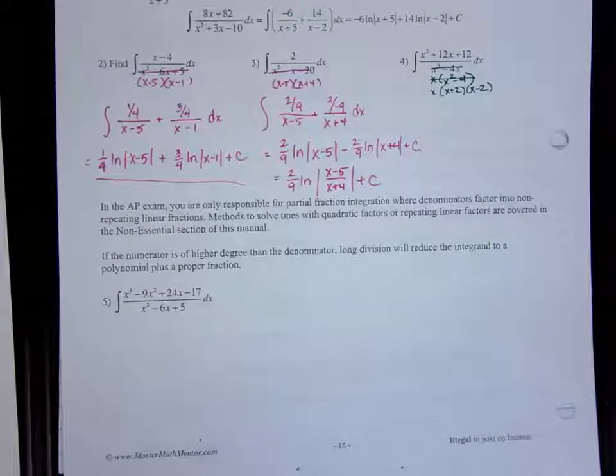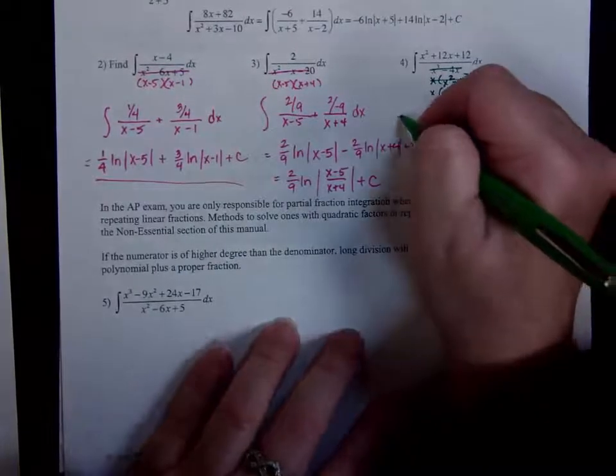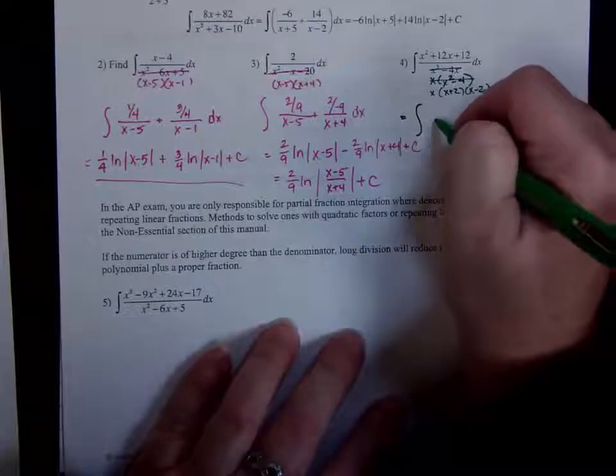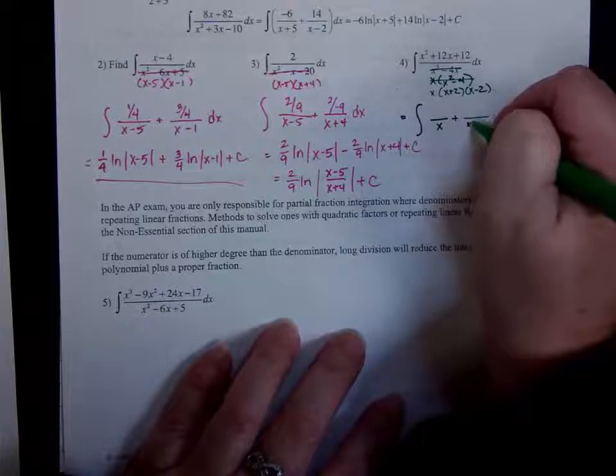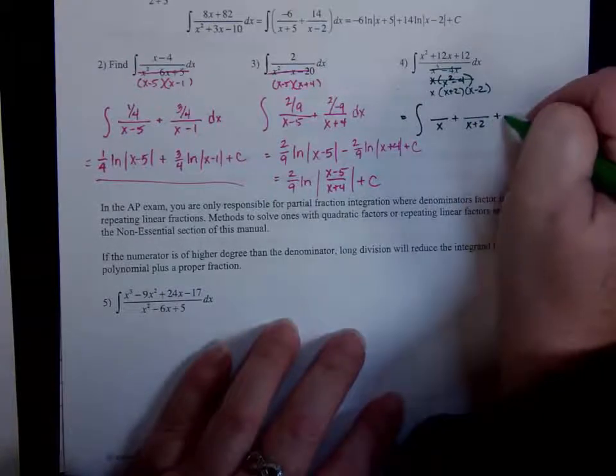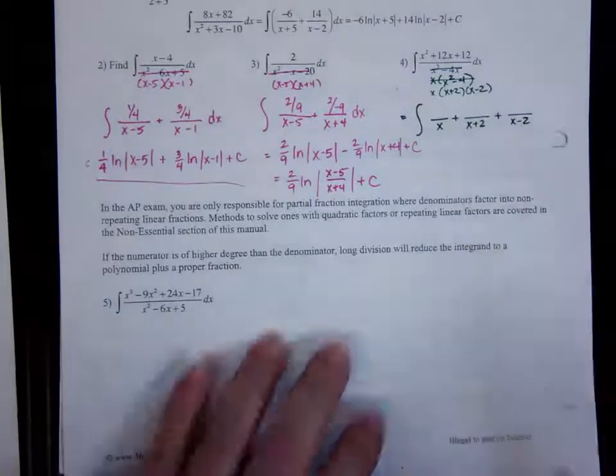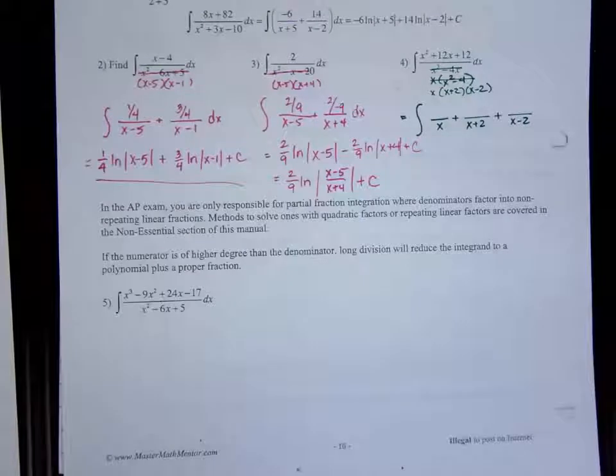So how many fractions is this going to make? It's going to make 3. So we're going to have equals integral a fraction over x plus a fraction over x plus 2 plus a fraction over x minus 2. Remember I said they all get plus signs until you start finding out what those numerators are. Okay?